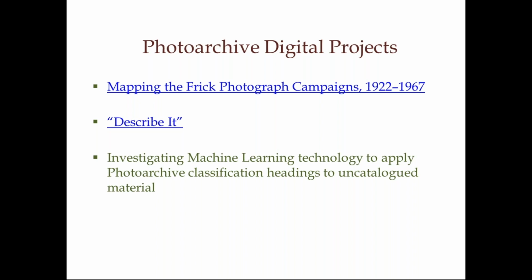And in conjunction with Stanford and Cornell, we're investigating machine learning technology to see how computers can look at cataloged images from the Frick Photoarchive and apply our Photoarchive classification headings to uncataloged materials, thus alleviating a step from the photoarchivist having to choose the landscapes with windmills, as we saw earlier.